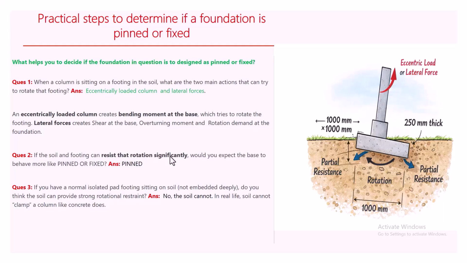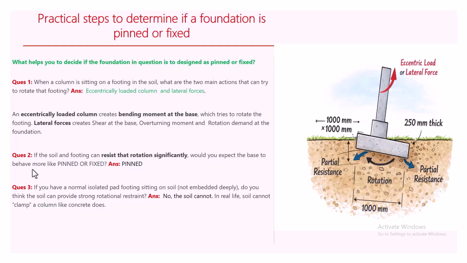If you have a vertically loaded column or lateral forces or anything that could cause rotation, or overturning moment, then the question goes on to say, if the soil and the footing can resist that rotation significantly, will you expect the base to behave more like pinned or fixed? That is a very important question.